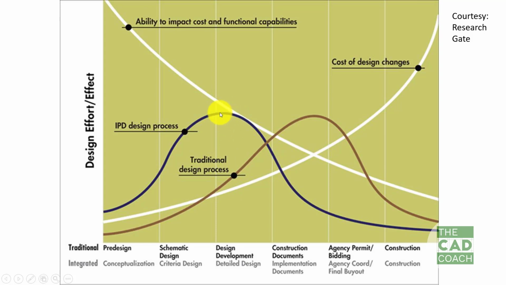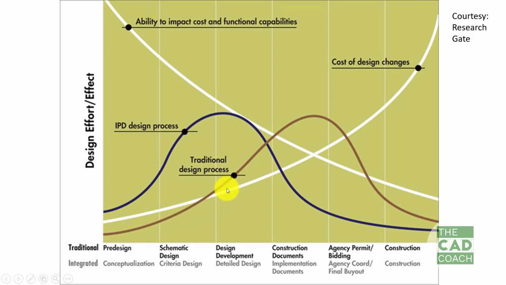Hope everyone got it. Let me summarize. The x-axis is time, the y-axis is level of effort. The ability to impact cost is very high at the start of the project and slowly goes down. During construction, the ability to impact cost is very low, and the cost of design changes is very high. At the start of the project, it is very low.